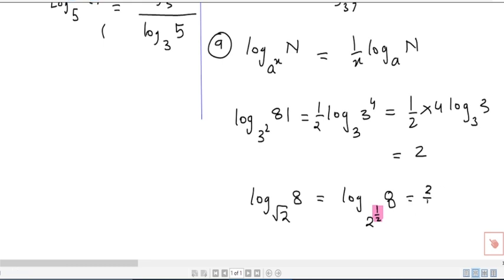So it will become 2 upon 1 log base 2 of 2 to the power 3. So it can be written as 2 into 3 log 2 of 2, which is 6.